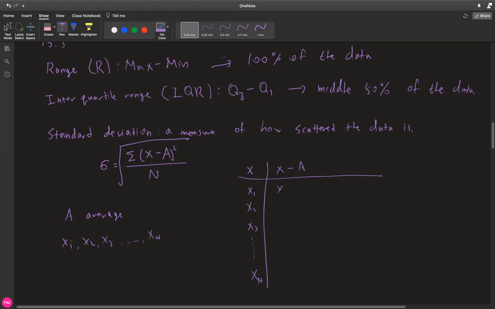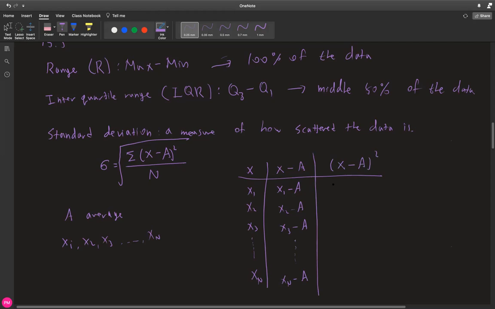So the second column will be x1 minus A, x2 minus A, x3 minus A, all the way up to xn minus A. And in the third column, you're simply squaring each value from the previous column.